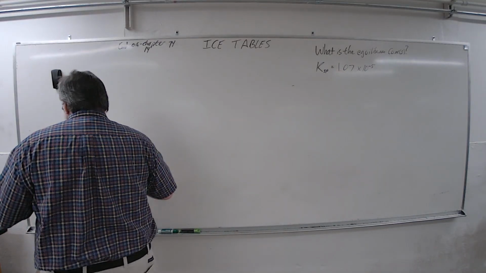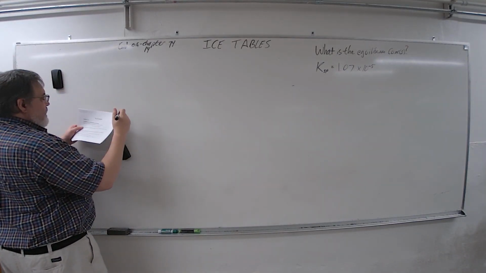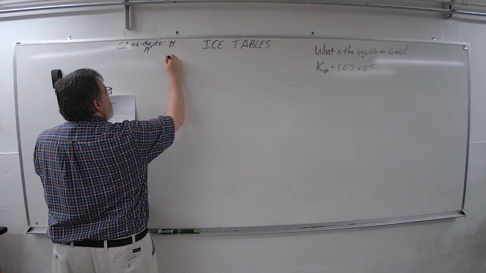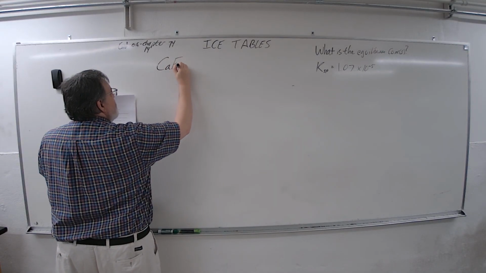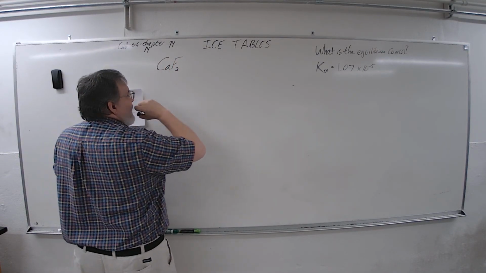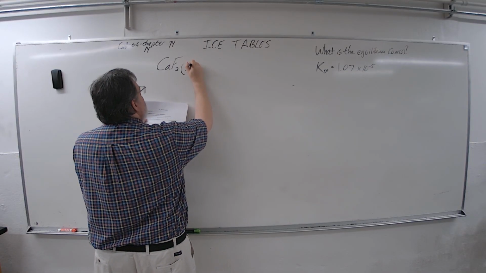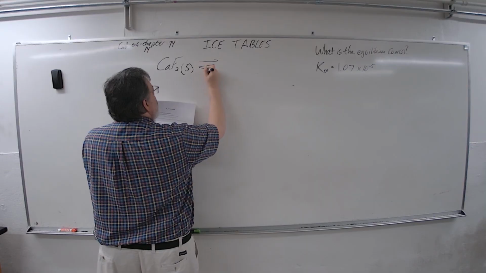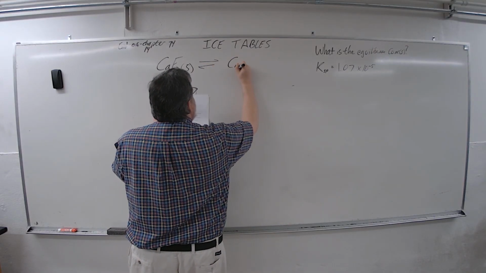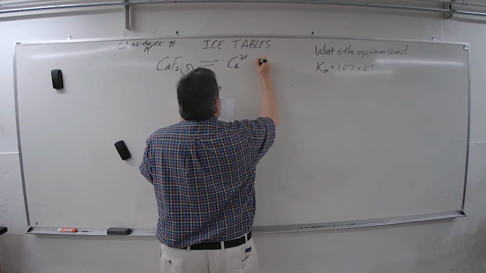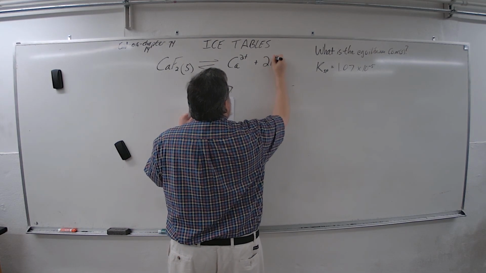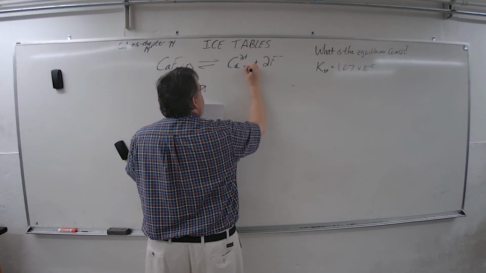But we're talking about this now. Let's say I had CaF2, and I put it in some water. Have that as a solid. I put it in some water, and it breaks out into Ca2 plus 2F minus, and these are aqueous.